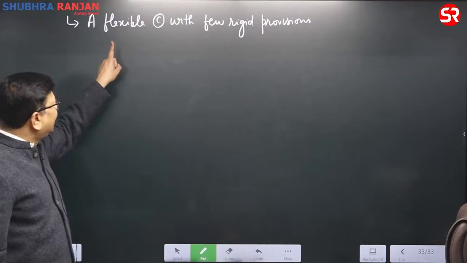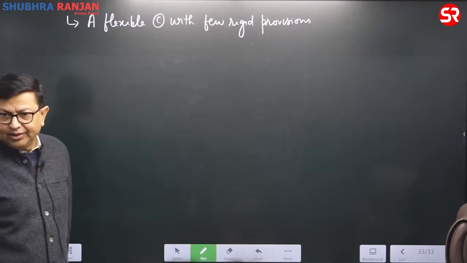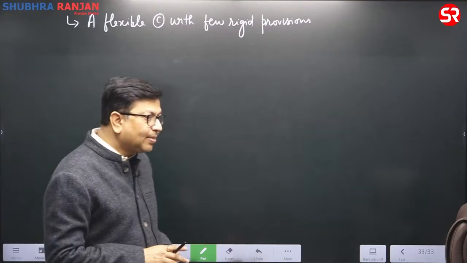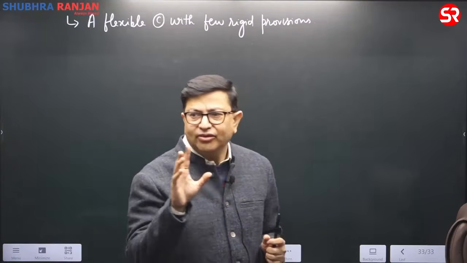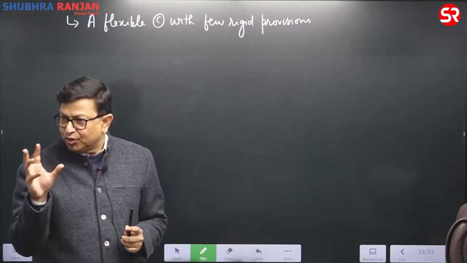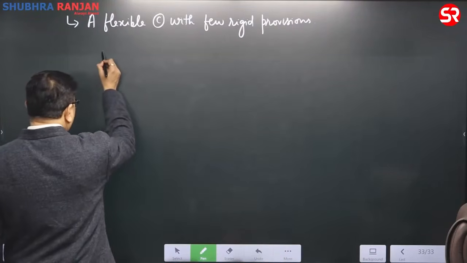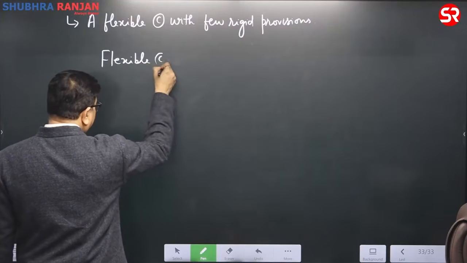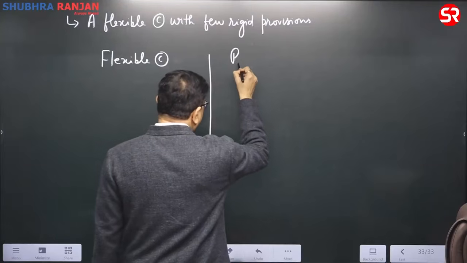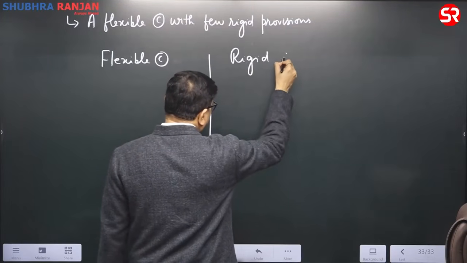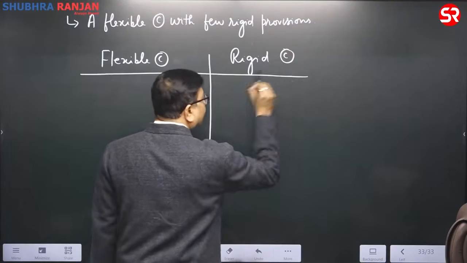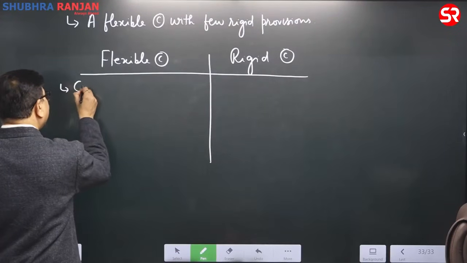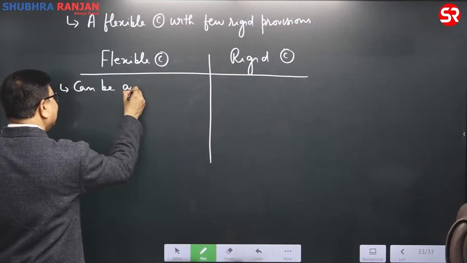Now, this classification of the constitution into flexible and rigid is based on the process of amendment, how the constitution is amended. So if we talk about a flexible constitution and a rigid constitution, a flexible constitution is that constitution which can be amended easily.